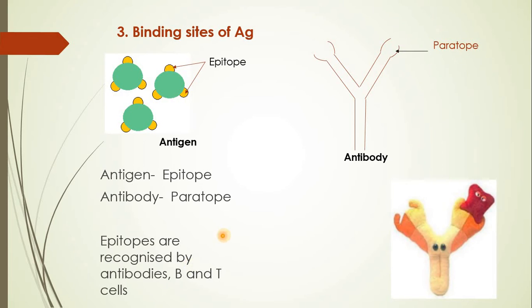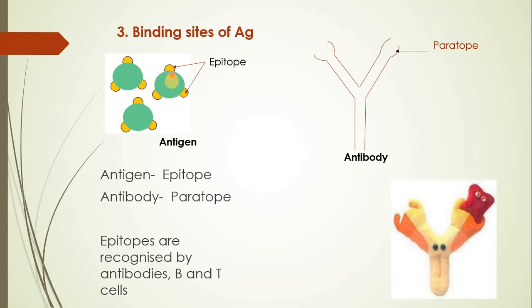Now the third one is the binding sites of antigens, which we will try to understand. In the previous slide I was talking about the epitopes and the paratopes. So what are epitopes? Epitopes are the binding sites of antigen. Antigens are foreign material. It could be bacteria, it could be viruses, it could be any parasitic worm and so on.